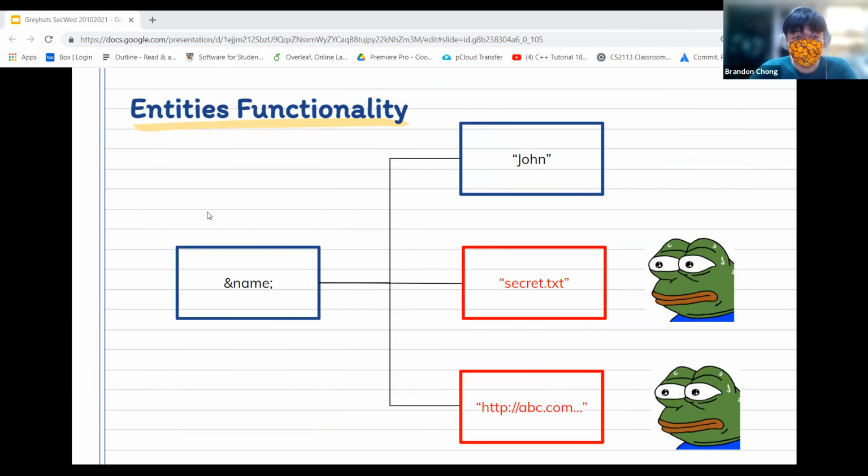XML offers a lot more features: entities not only can store values specified by you, such as this string, but they can also pull data from a local file, or make a request to external resources or domains, and store all of these as entities for future use. You can see these two sources are already a cause for concern. That's where the flaw originates.